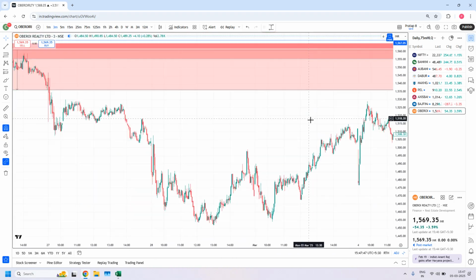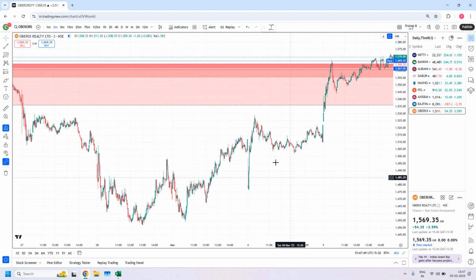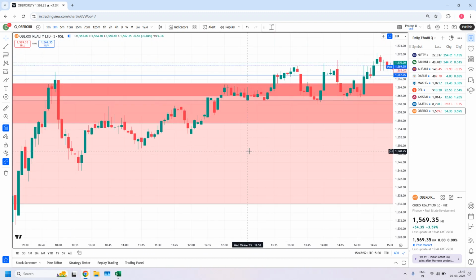And today what happened? Prices went into the zone. Some struggle happened near the distal line. Did you notice? Prices came up to here, and at some point the trade looks like a successful trade.